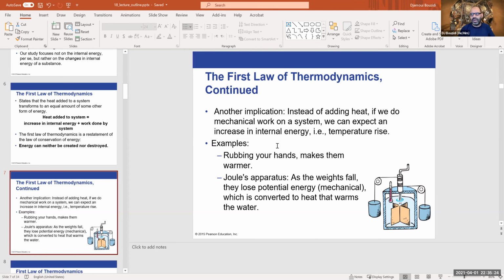So what he did with this experiment, basically, he dropped these weights. As they move, they turn this object in here around, okay? This one will stir the water. So where is the motion coming from for the liquid in here that is being stirred? It's coming from these two masses that are dropping.